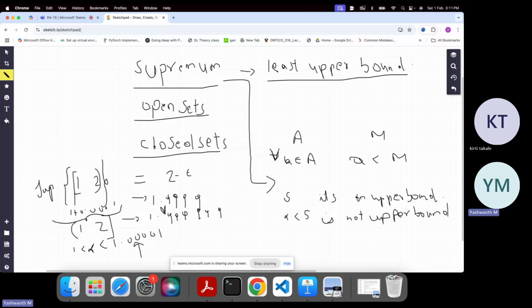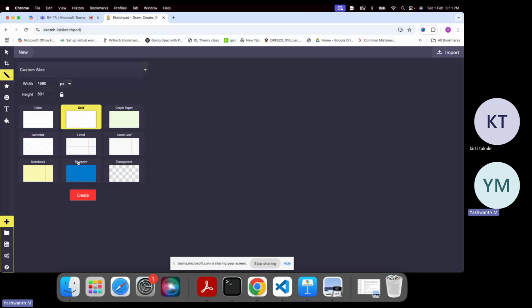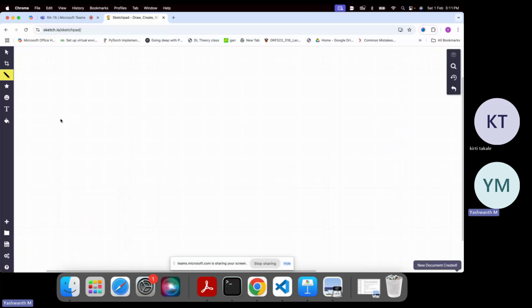To understand open sets and closed sets, there are two notions that I need to clearly go over. One is interior point.